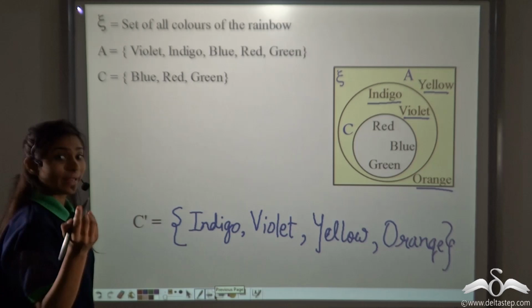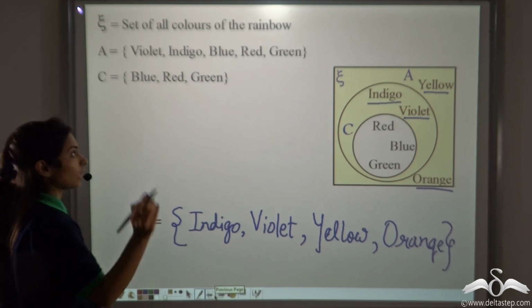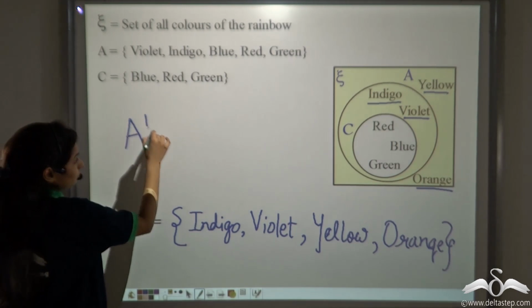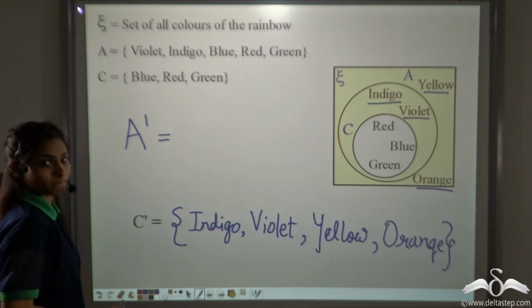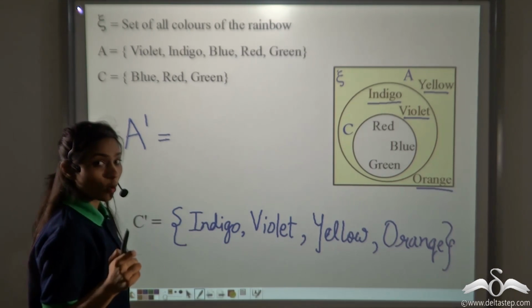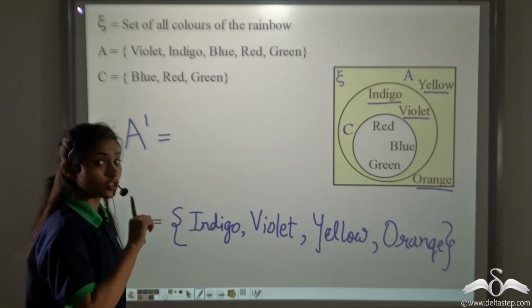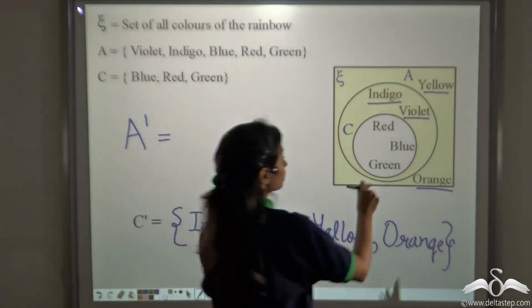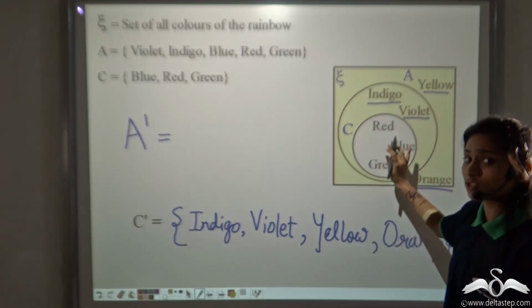Now, what would be A complement in this case? Tell me the answer yourself. Well, what will be A complement? A complement will be the set of elements which is not present in A. So will we write the elements of C here?